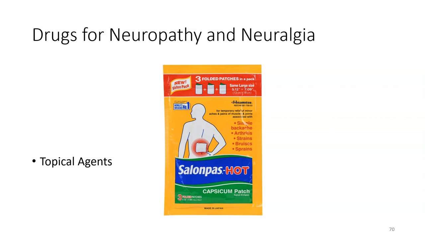So it could be a topical prescription, irritant anesthesia, or something over the counter like capsaicin that we see here on the Salonpas hot. Prescription, it would be something like Lidoderm, which is a transdermal lidocaine patch.